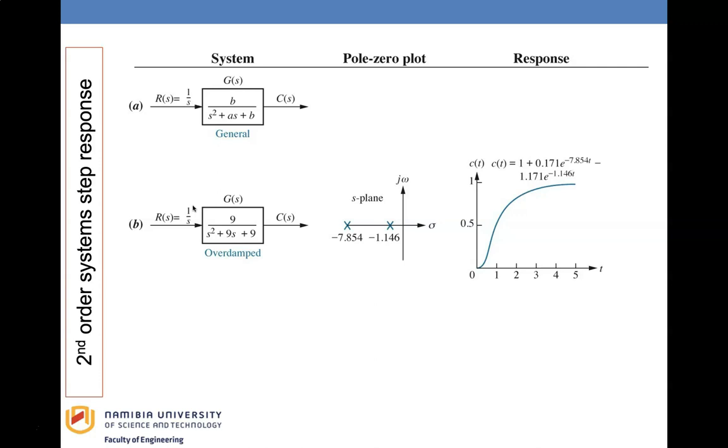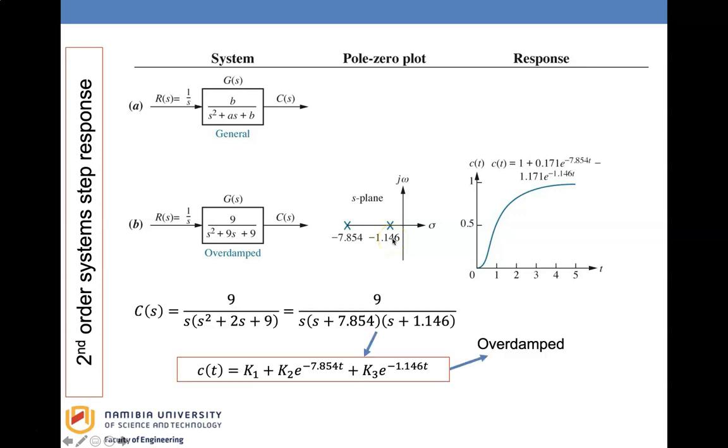For this case, therefore, the poles will be s equals minus 7.854 and minus 1.146, which are two distinct poles on the real axis, and their exponential frequency will be equal to the pole location.